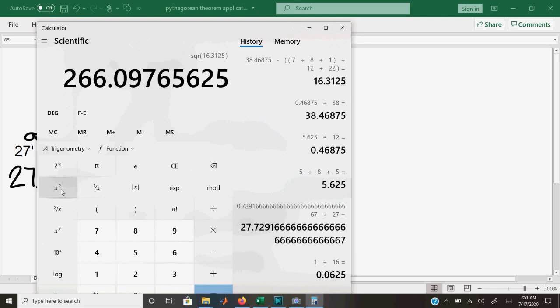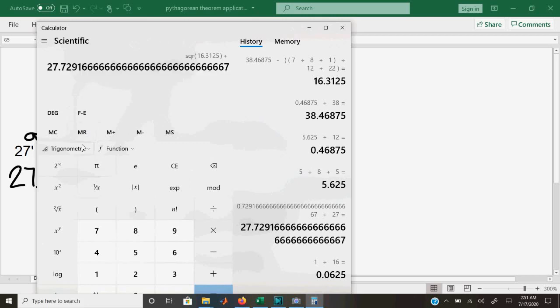Now I need to add a squared, and a squared is in memory. So I do add, and I can do this because my calculator does PEMDAS. So it's going to square a before it adds it to b squared. I'm going to do memory recall now and push the squared button again.